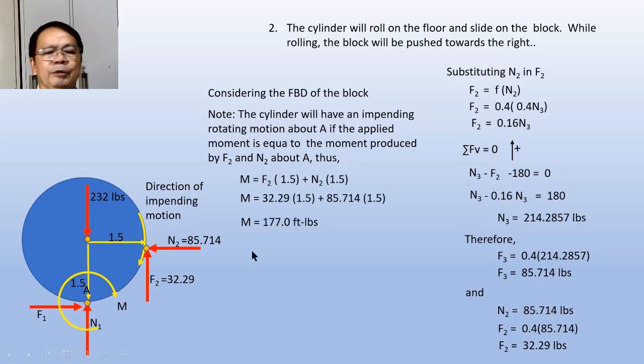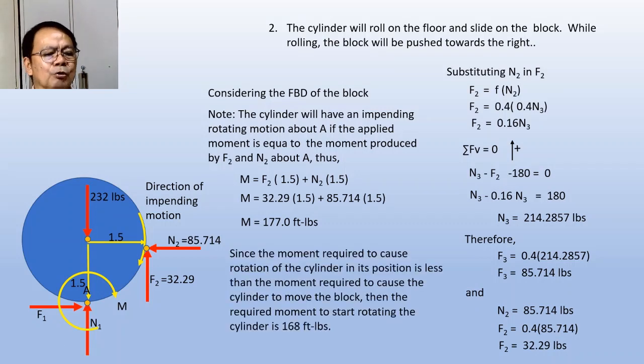If this is substituted with the values, the moment that will be produced will be 177.0. Now, let's go back to our earlier moment, the moment if the cylinder rotates in its place, which we solved as 168. And the moment we solved here is 177. Using these two possible values of moments, what is our conclusion?